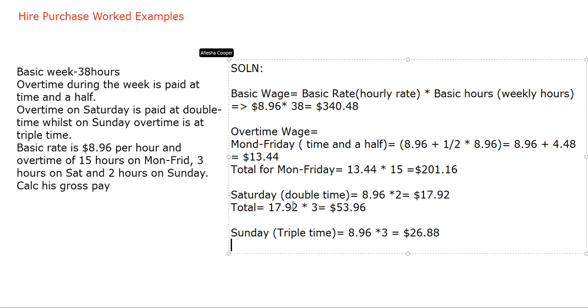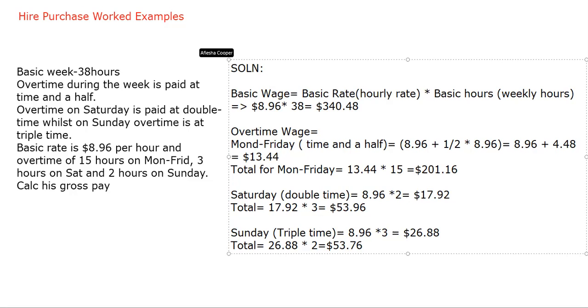And of course, that's for 1 hour. So we find our total for how many hours he worked on Sunday, which is 2 hours. So 26.88 multiplied by 2, which would now be 53.76. Great. So we have our basic wage.